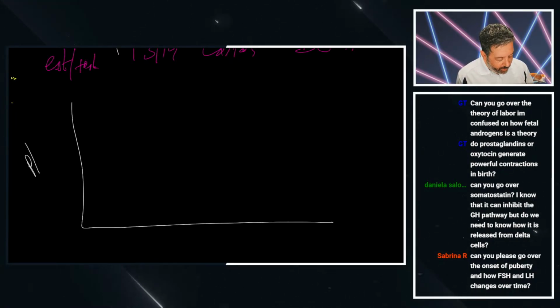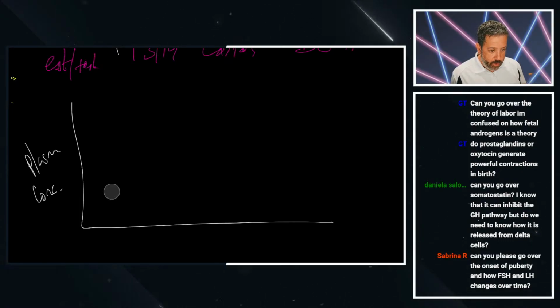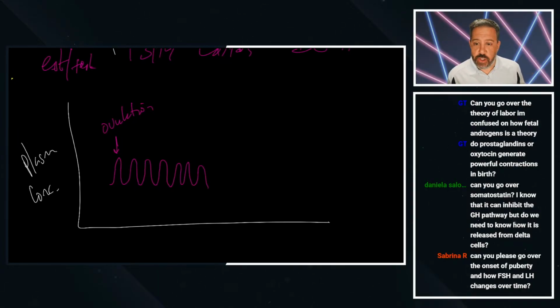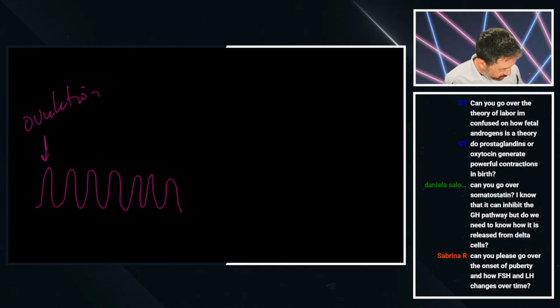Okay, so here's our plasma concentration. When puberty starts, LH cycles. Every time you have a peak, that's an ovulation because the LH surge causes ovulation to occur.